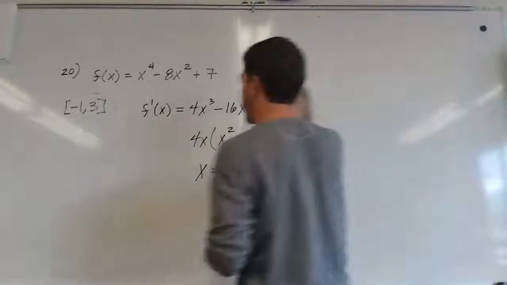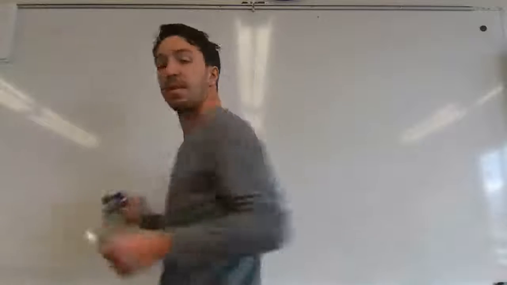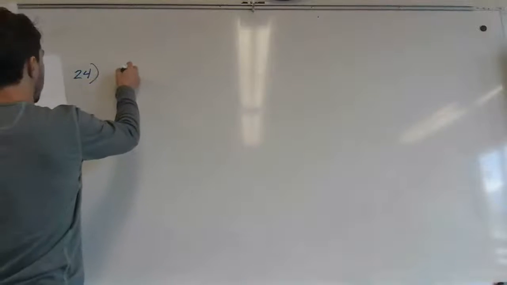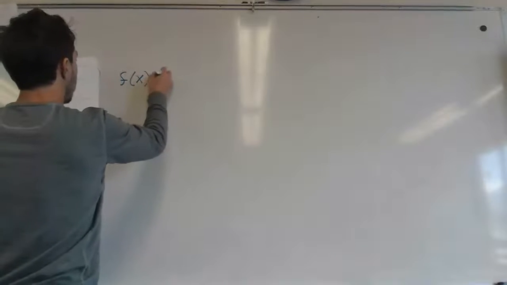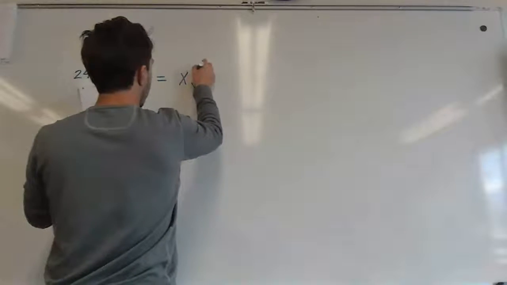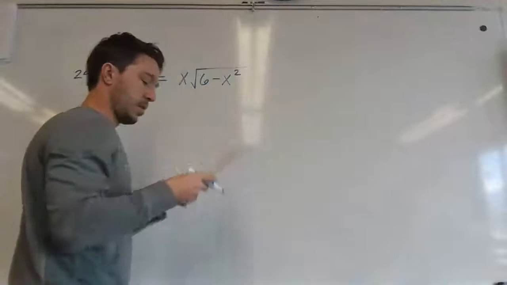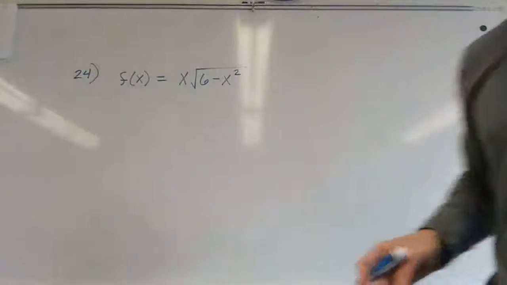Okay, the question I want to go over with you is a very challenging question. It's very interesting though. It's this one. Take a moment. Look at 24. Take a minute here.